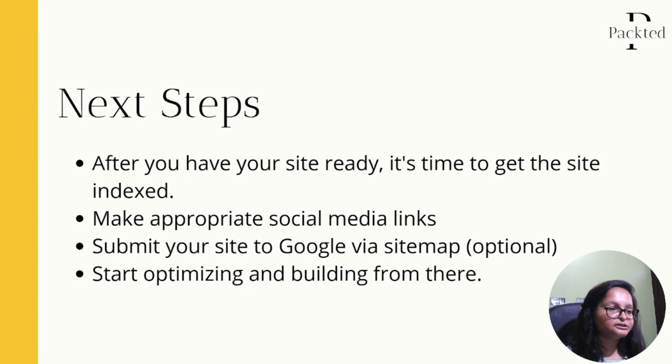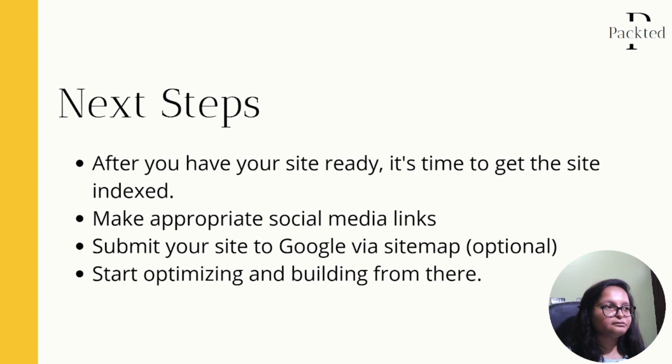And the other thing is that you can submit your site to Google via sitemap. A sitemap is not a mandatory thing, because Google can crawl and index your site fine. But if you are skeptical and you don't want to risk anything, you can make a sitemap. There are many plugins like Rank Math and Yoast which can make a sitemap for you, so you don't have to do anything.